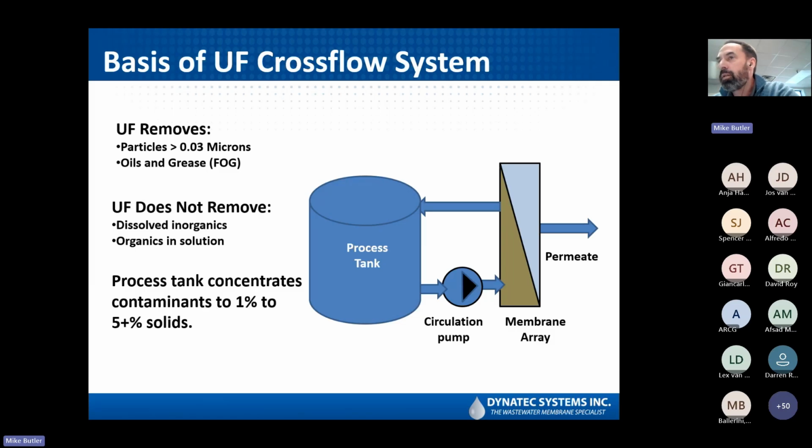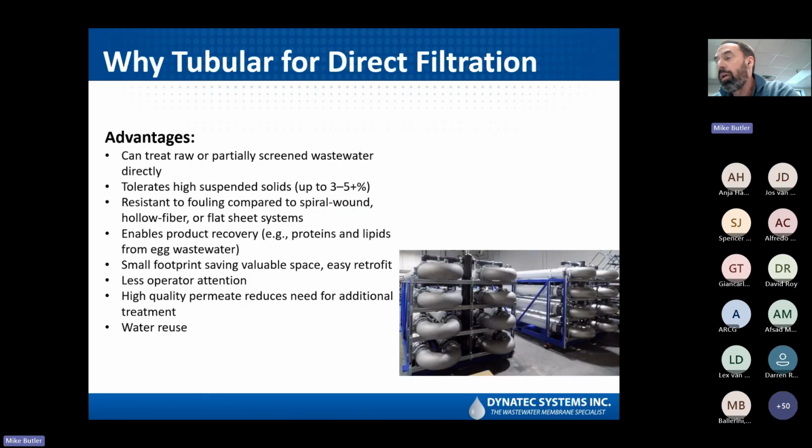It removes oil and grease. It does not remove dissolved inorganics or organics in solution, and with tubular UF, you can concentrate the contaminants to as high as up to 5% or even higher, depending on the nature of the solids that you're concentrating.